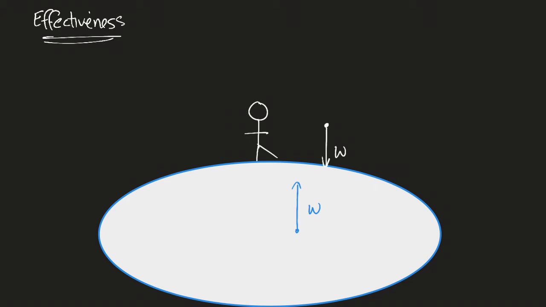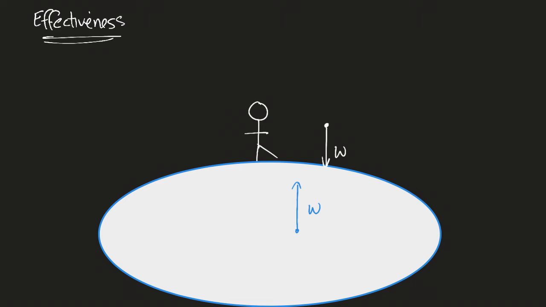Weight is effective at accelerating you because you're not very big. So the force of gravity on you will accelerate you downwards easily. You trip and you'll fall. But that reactive force acting on the Earth has to act on the Earth. The Earth is huge. And because the Earth is huge, that force is not effective at accelerating the Earth.